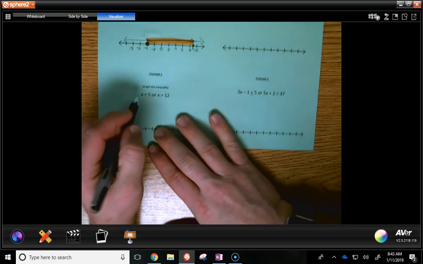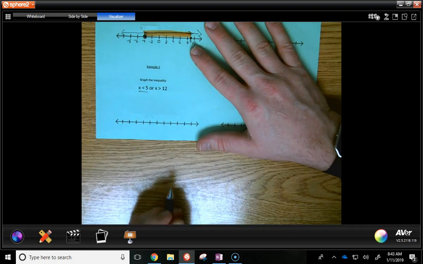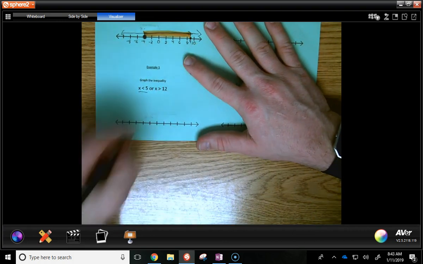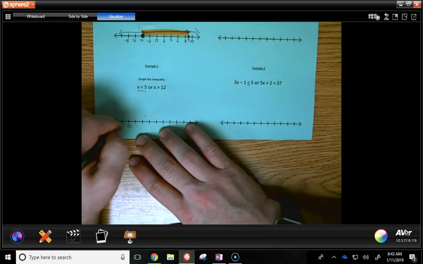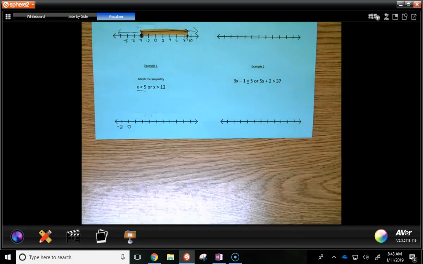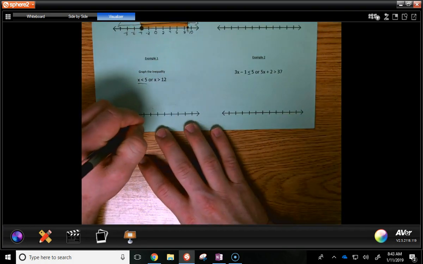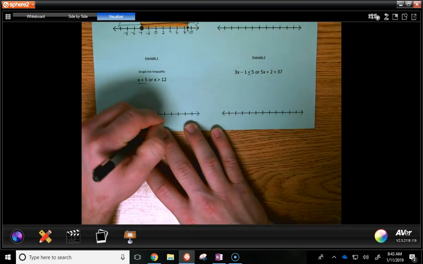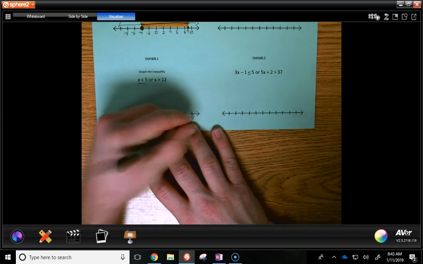So, graph the inequality: x is less than 5 or x is greater than 12. Since they're both positive, I'm going to start my 0 over here. You'll start learning how to zoom in on your number line the more you do these. There's no single correct number line as long as you cover everything. I'm going to go 2, 4, 6, 8, 10, 12, 14, 16, 18.